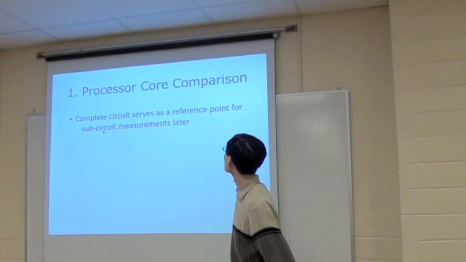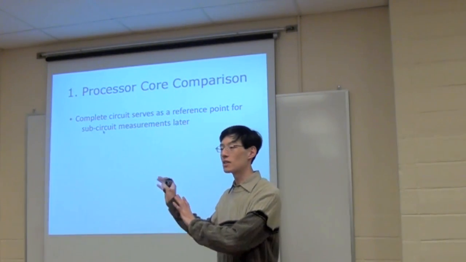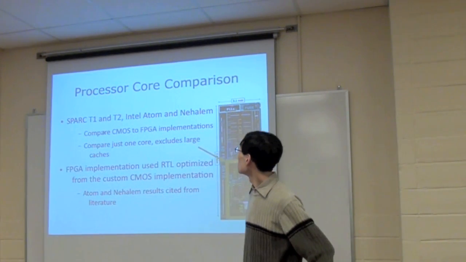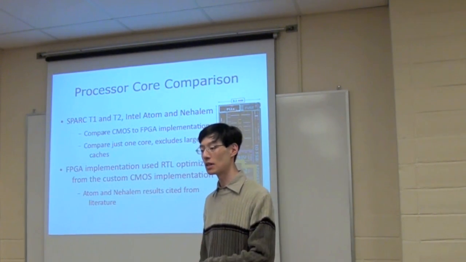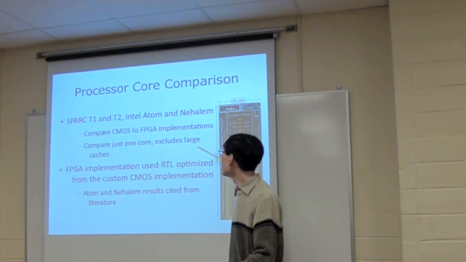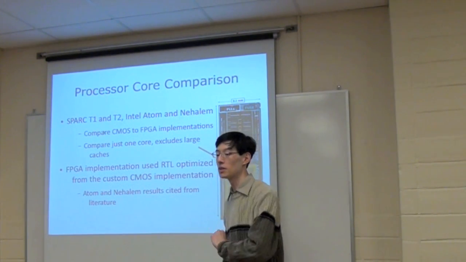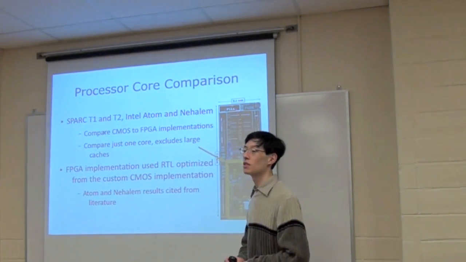So here's our first set of results. This is a comparison of FPGA versus custom CMOS processor cores. So we looked at two processors from Sun, the Spark T1 and T2, and cited from literature two processors from Intel, the Atom and Nehalem. This comparison compares just the processor cores.